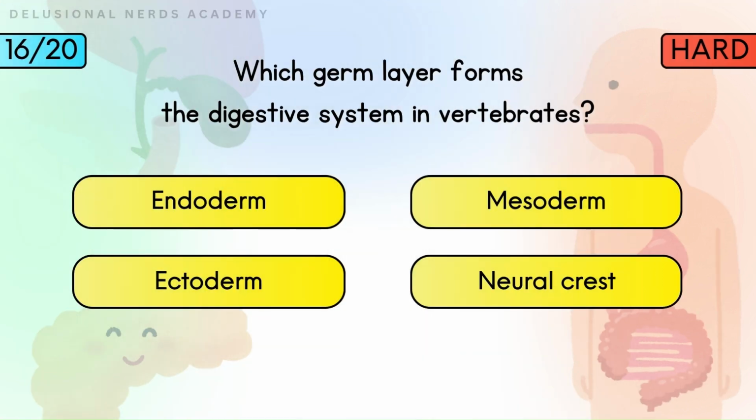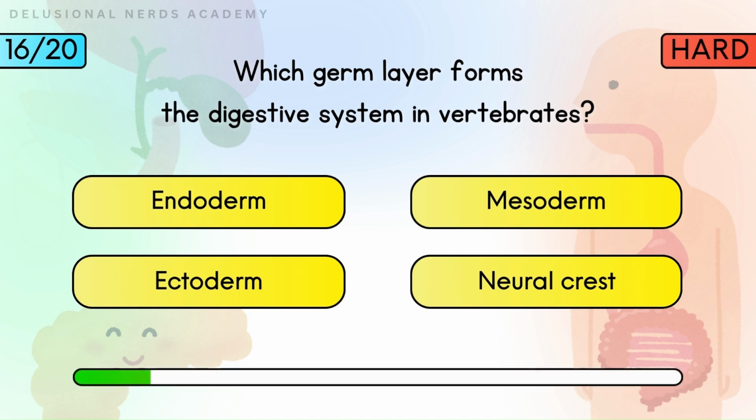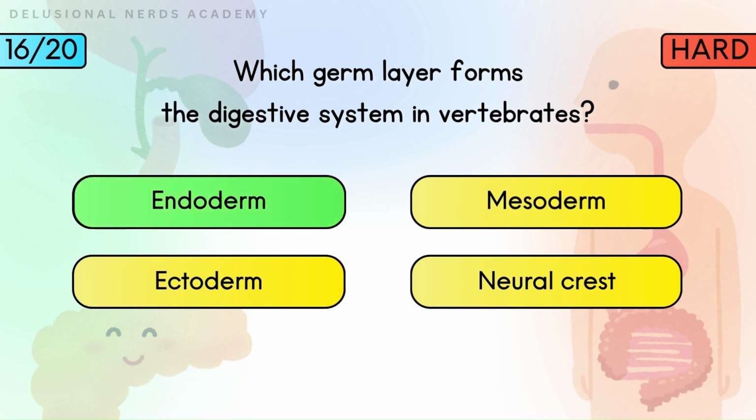Which germ layer forms the digestive system in vertebrates? The digestive system in vertebrates develops from the endoderm, one of the three primary germ layers.